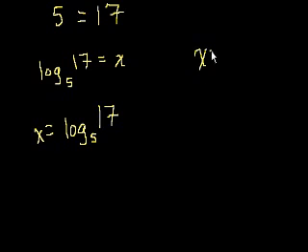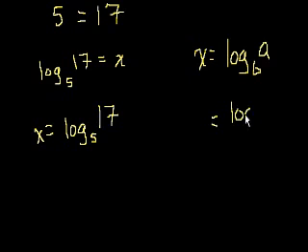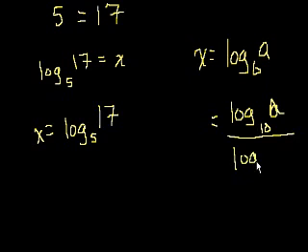If x is equal to log base b of a, that is equal to log base 10 of a divided by log base 10 of b. And you just have to pick the same base for both of them.